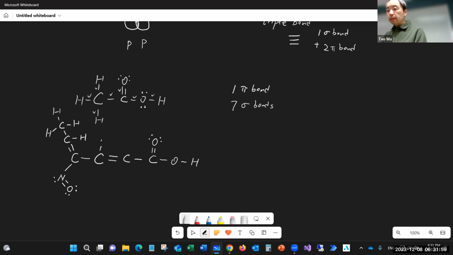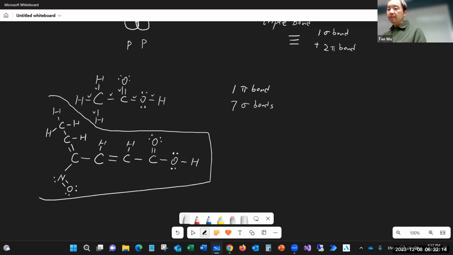Okay, so that's a little bit complicated. I just made it up, but everything should be true, and I think this is accurate. Everything should follow the octet.